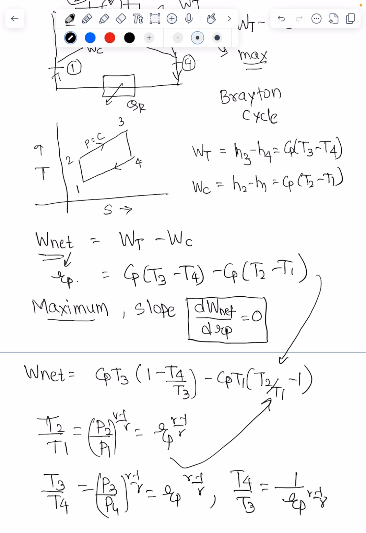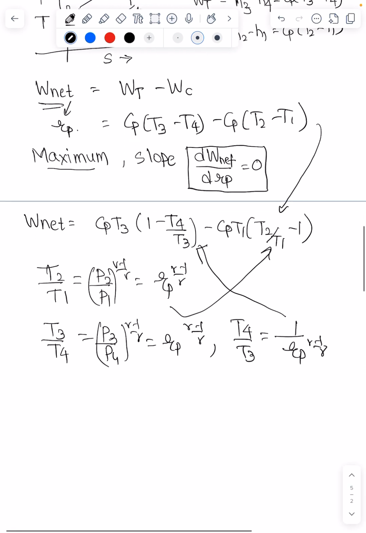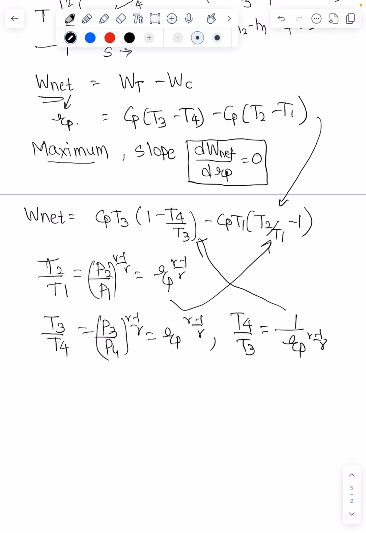So I'm going to put this here. Just substituting this, I'm getting the expression of W net in terms of Rp. Why? Because I want to find the optimum pressure ratio, and I need to solve this differentiation.